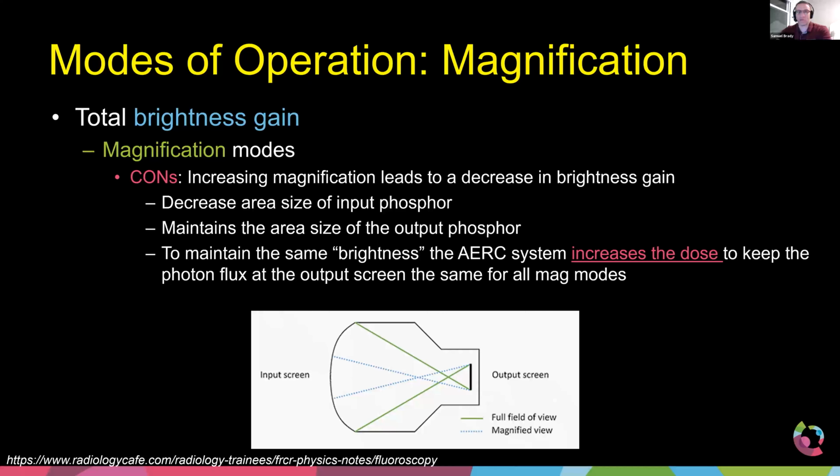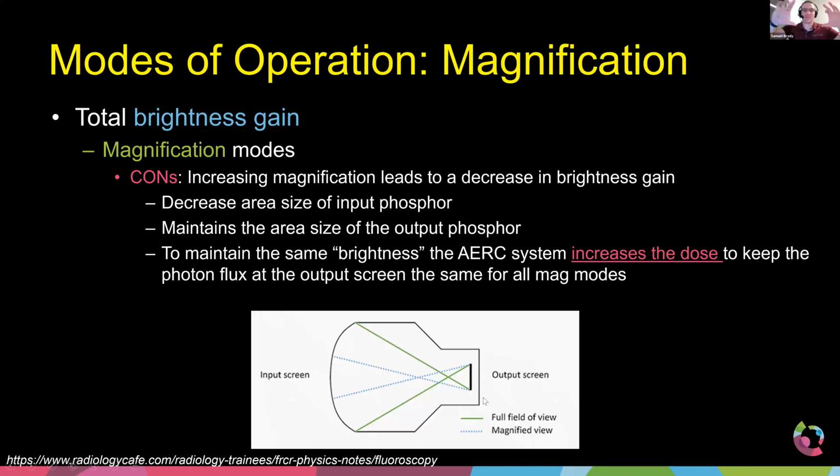And so if you did nothing else but change the mag mode, go from large magnification, large field of view, smaller, smaller, smaller, the image on your screen in the room would go bright, dark, dark, dark, dark. And so no one would ever use a mag mode because the image would actually be harder. You'd be squinting at it. So to compensate, an II-based fluoroscopic system will increase the radiation dose.